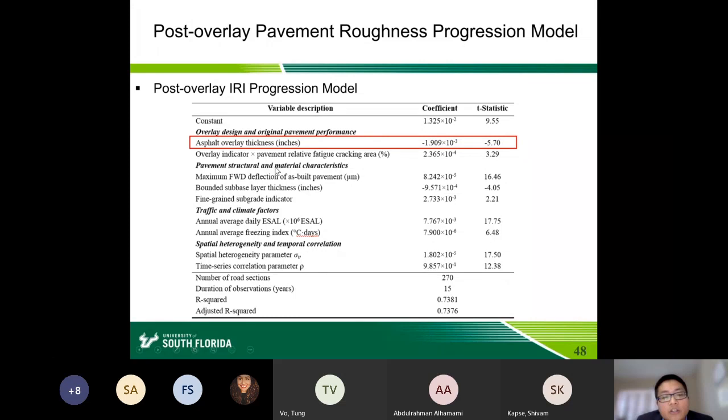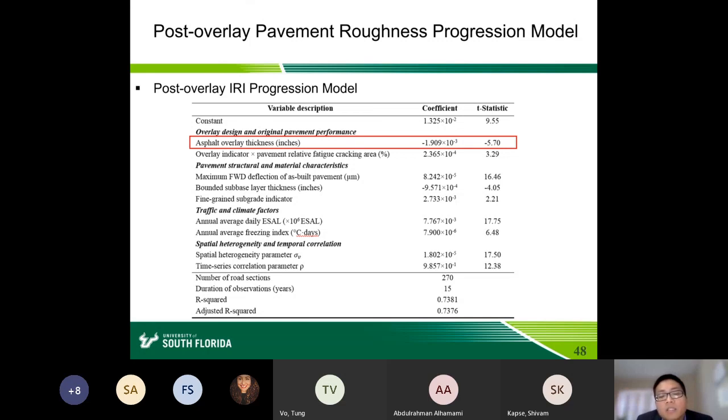Also, the pavement structure and the material characteristics, like FWD deflection. FWD deflection is test data collected by the FWD machine. They will apply a load on the pavement and then measure the deflection of the pavement surface.